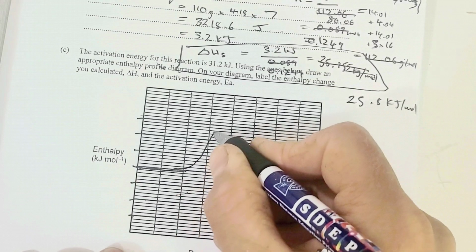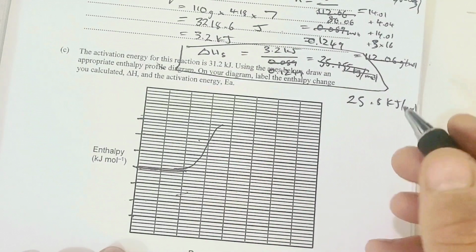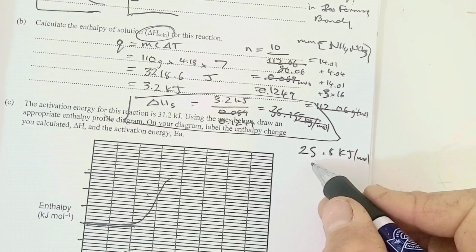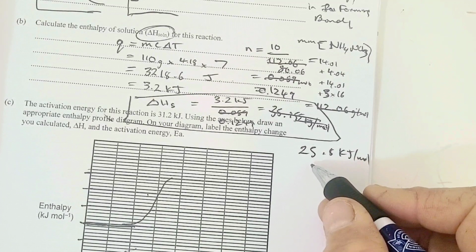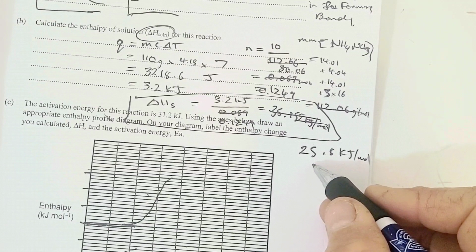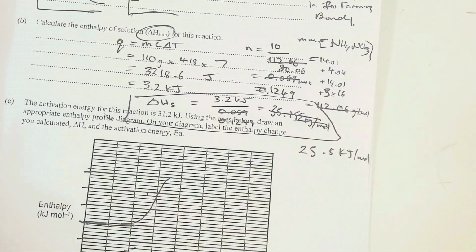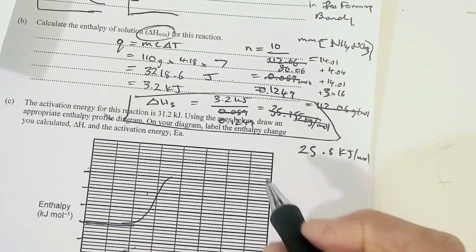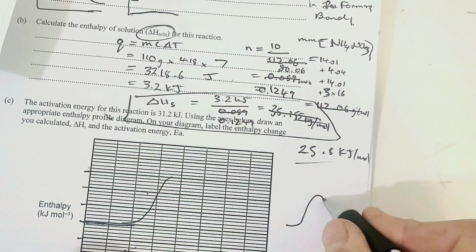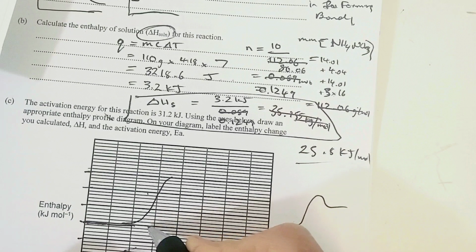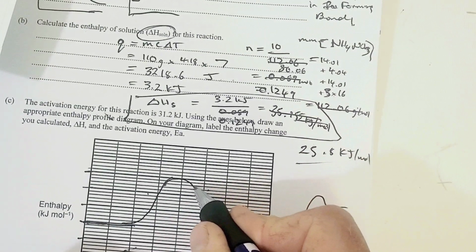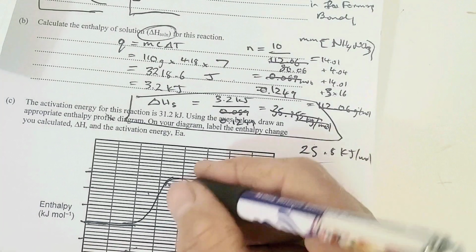Let's go up to here. All right, okay, so this is endothermic. So it's going to end up here somewhere, roughly 10, 20, 25.